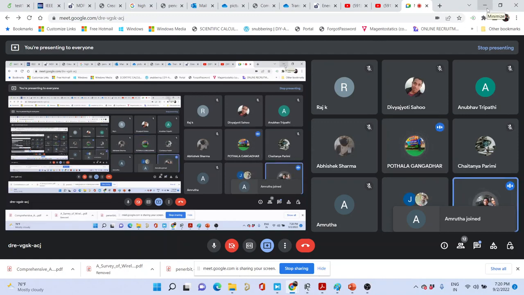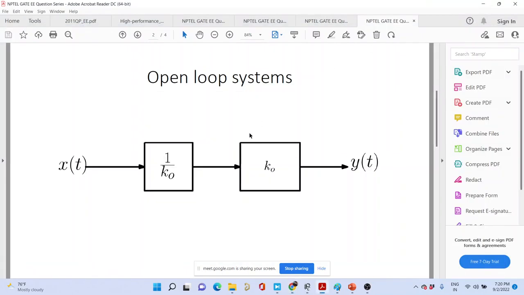You are always asking what you want me to explain. I am asking you a question. You have to answer the question I am asking. What was the need for all this feedback loop? If I can get y(t) equal to x(t) by doing this operation, then what was the need for the feedback loop?